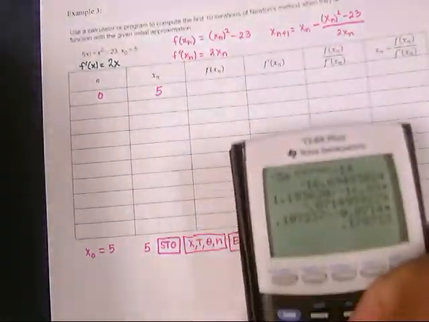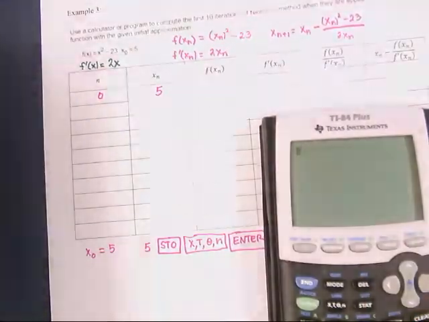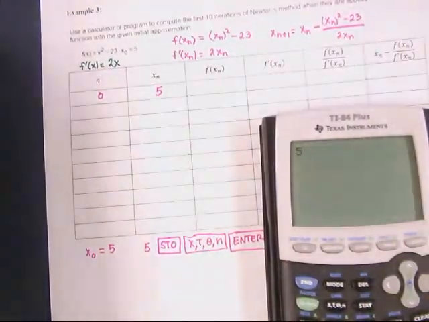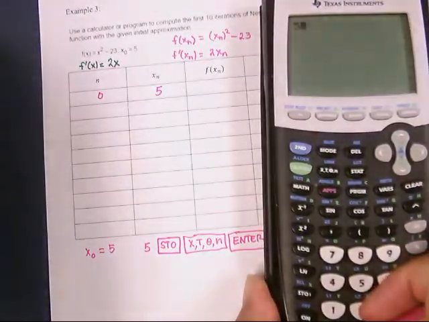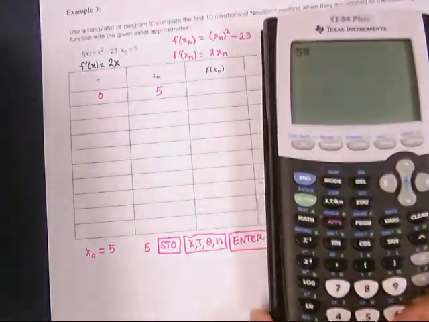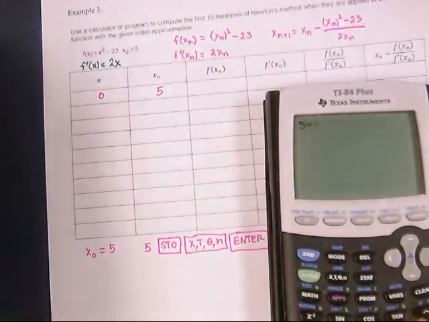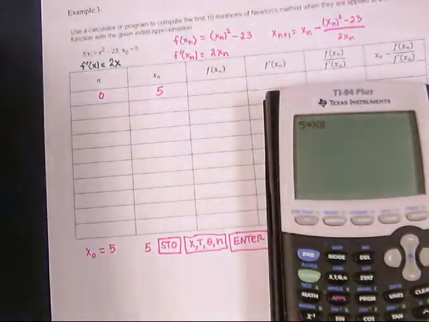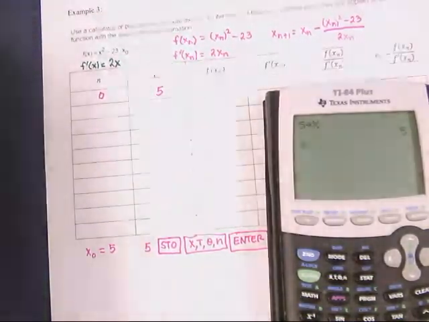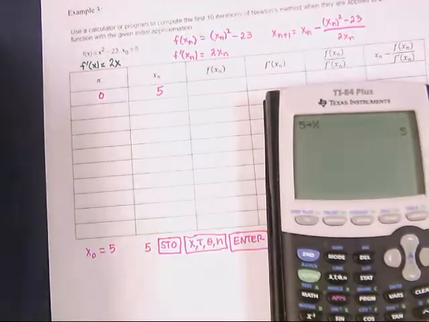So these are the keystrokes here. So I'm going to clear this out. I'm going to type in the number 5 and then press the STO button, which is on the left-hand side of your calculator right above the on button. STO to store. You'll get the right arrow, and then you're going to press X,T,theta,n because you want to store this in X. And then you're going to press enter, and it's going to give you the number 5 back.